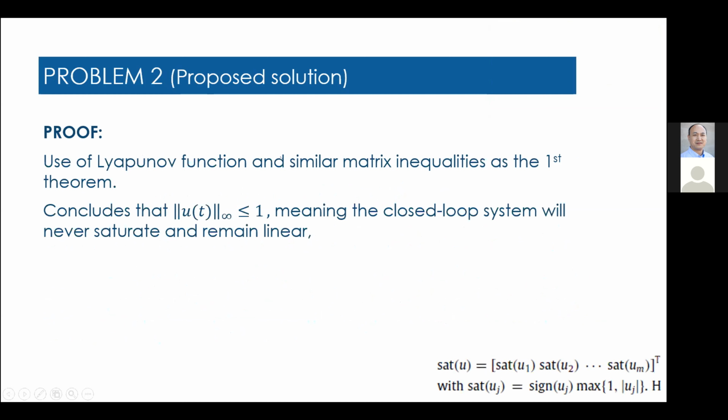They were able to conclude that this will be smaller than 1. Therefore, the closed loop system would never saturate and remain linear. And again, this is the definition of the saturation function. So as you can see here, it's max by 1.